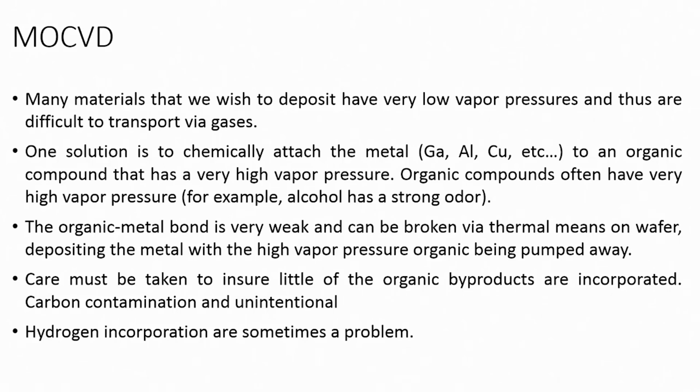Organic compounds often have very high vapor pressure, for example, alcohol has a strong odor, right. The organic material bond is very weak and can be broken via thermal means on the wafer, depositing the metal, with the organic being pumped away, right. Care must be taken to ensure little of the organic byproducts are incorporated, as carbon contamination is unintentional. Hydrogen incorporation is sometimes a problem. So, this is about MOCVD.